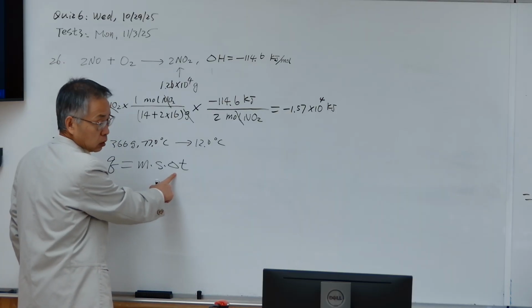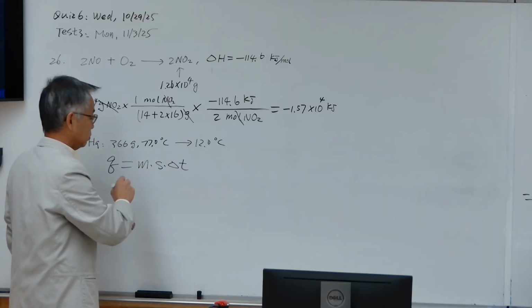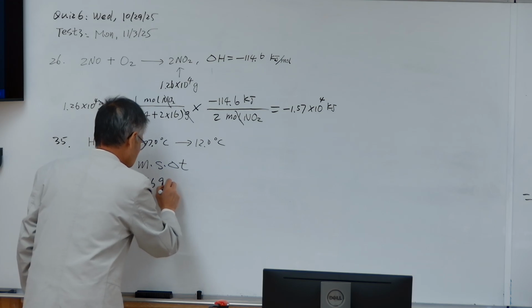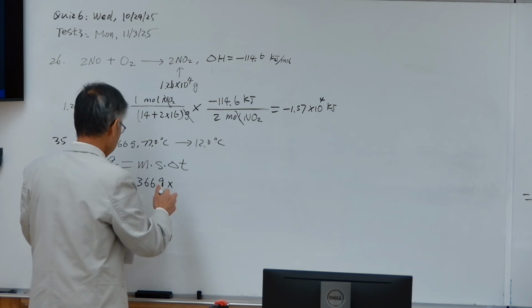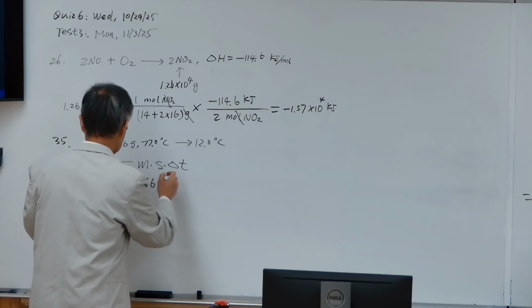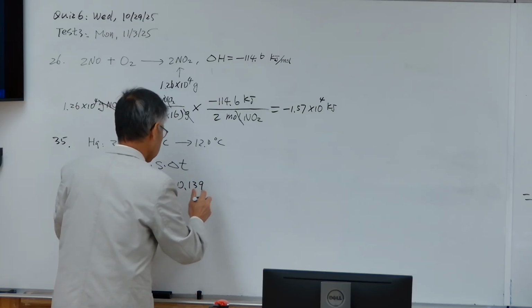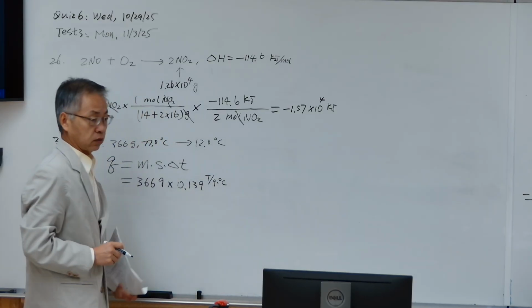Delta T is the temperature change, final minus initial. M is 366 grams. S from the table: for mercury, the specific heat is 0.139 joule per gram per Celsius degree.